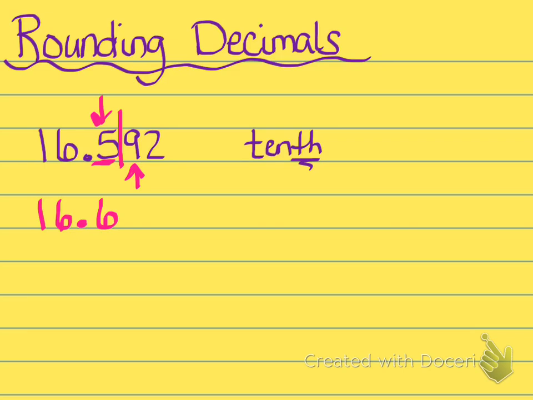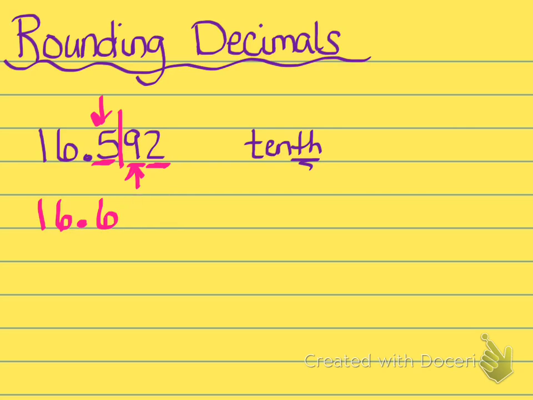Now here's the part that's different. Because it comes after the decimal, we round it to a spot that was found after the decimal point. The 9 and the 2 get knocked out. We don't need to write about them at all. We don't need to turn them into zeros. Now if you do turn them into zeros, it doesn't change the value of your problem, but it does change the way the problem is read.